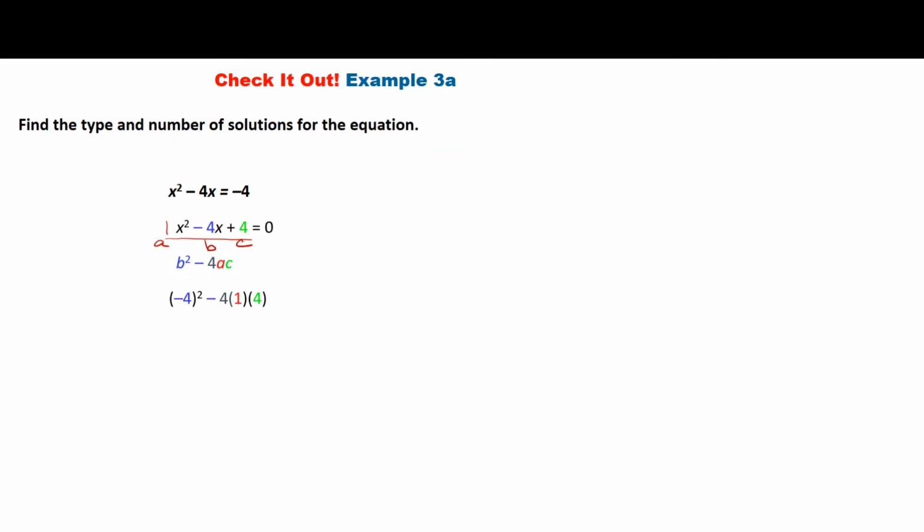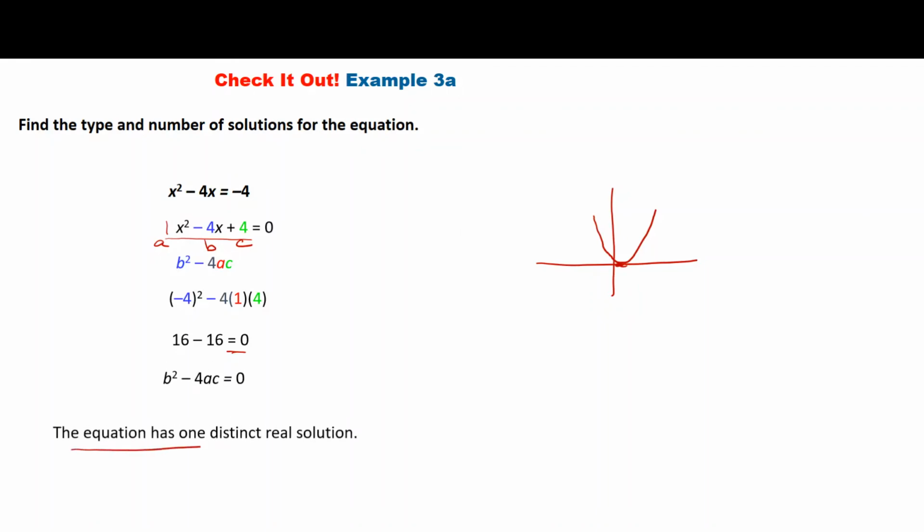And there's the substitution for all of that. And we end up with 16 minus 16 equals 0. If it equals 0, that tells us our parabola just hits the x-axis in one point. All right, so that tells us that the equation has one distinct real solution.